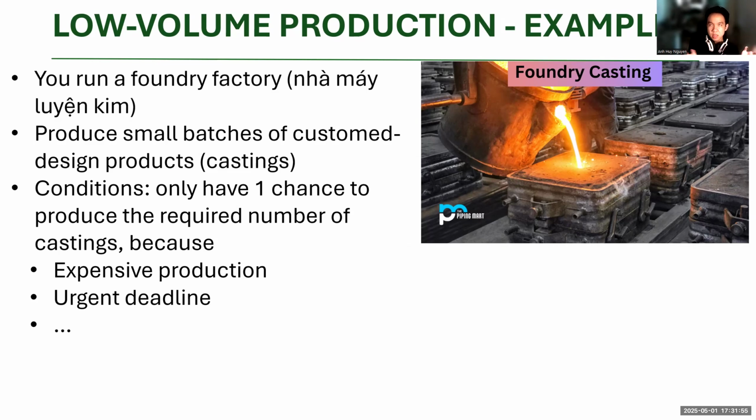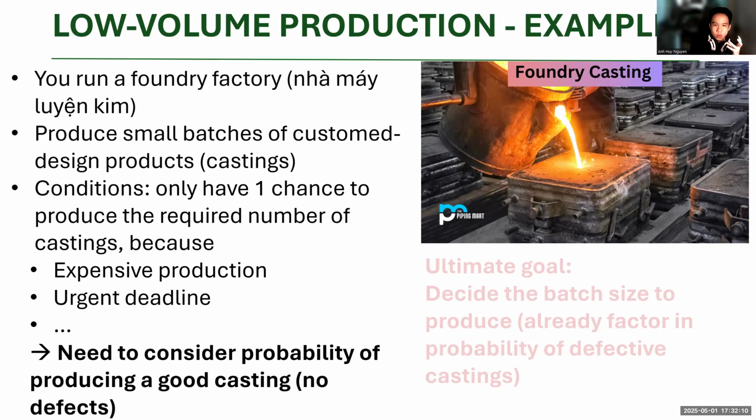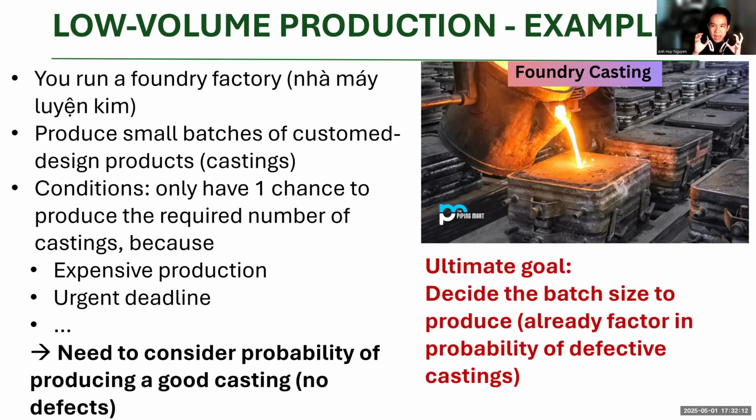So you need to know, if I produce this number of castings, what is the probability that I receive a good casting? The ultimate goal here is to decide how many castings you will produce, having already considered the probability of defective castings showing up in your production process.